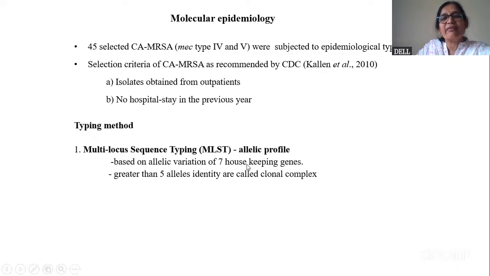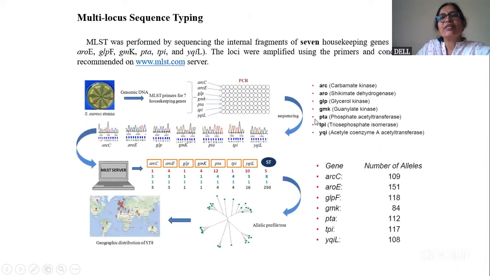So based on the 7 alleles, with the variations of 7 housekeeping genes, we did the MLST profile. The 7 housekeeping genes are as follows: ARC, ARO, GLP, GMK, PTA, TPI, and YQI. So these are the 7 housekeeping genes which we looked for.